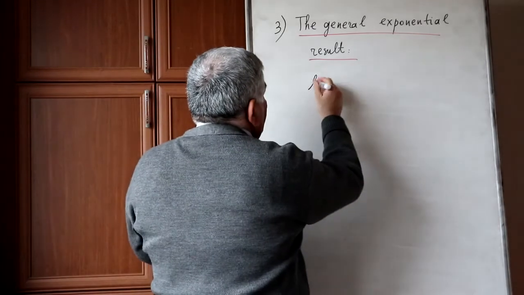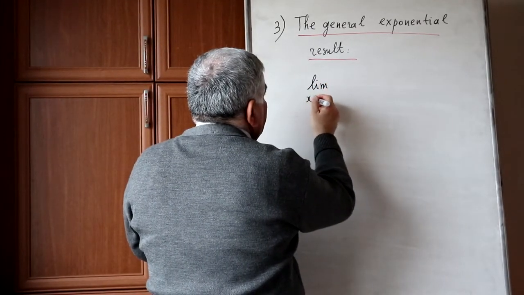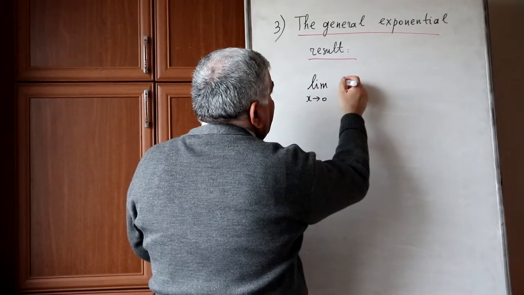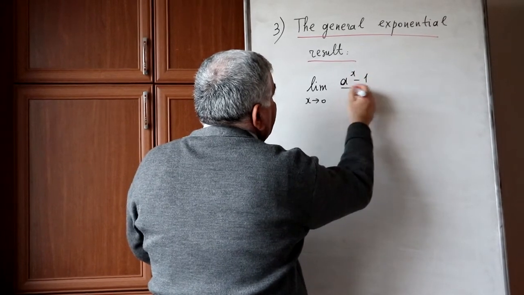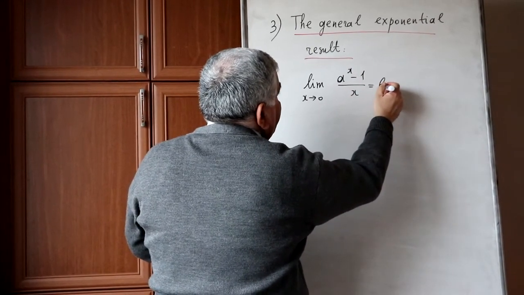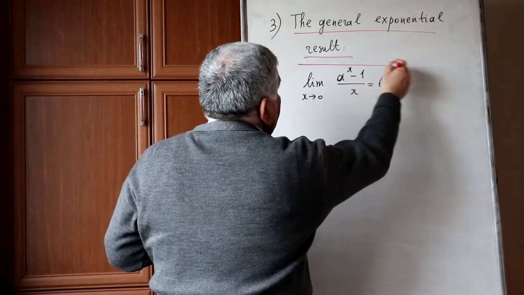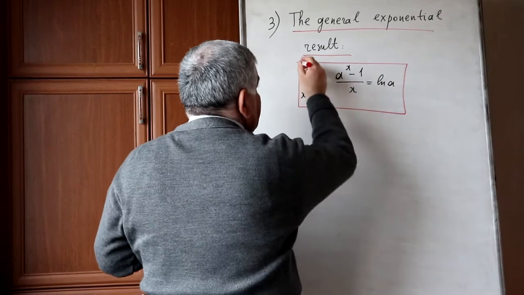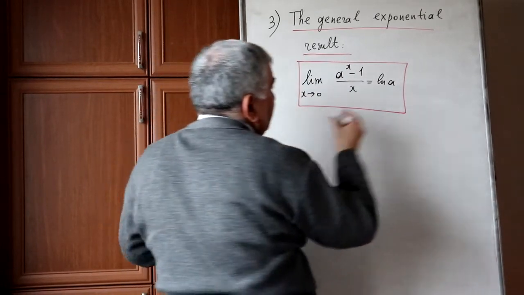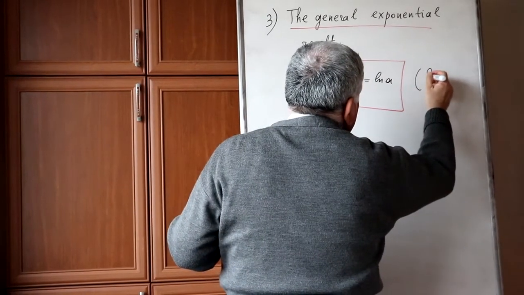Limit when x tends to 0 of a raised to x minus 1 over x is natural logarithm of a. It is the general exponential result, and it is in the indeterminate form 0 over 0.